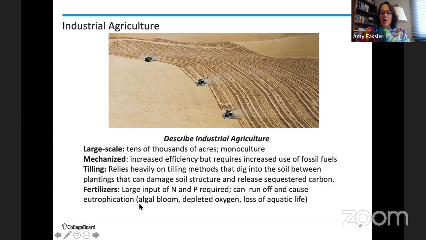And remember, those nitrates and phosphates, N and P, that are plant food, run off and serve as plant food for algal growth. And we get this process of nutrient enrichment where when those algal plants die, the decomposers deplete the oxygen, and we have these huge dead zones in the Gulf of Mexico.